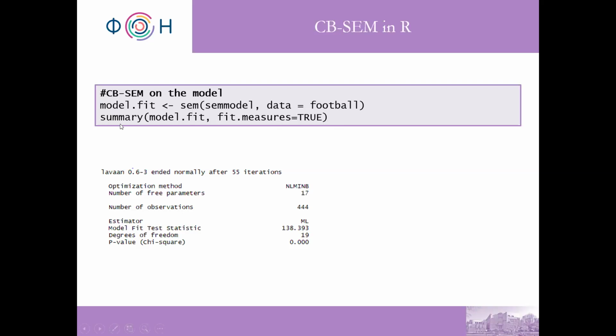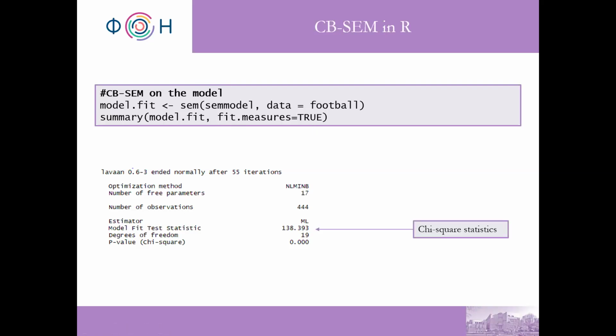However, the function summary is going to provide us with detailed results. So we want a summary of our model fit. And additionally, we want to get our fit measures. So those will be all the model quality coefficients which we mentioned, and we want that to be true.